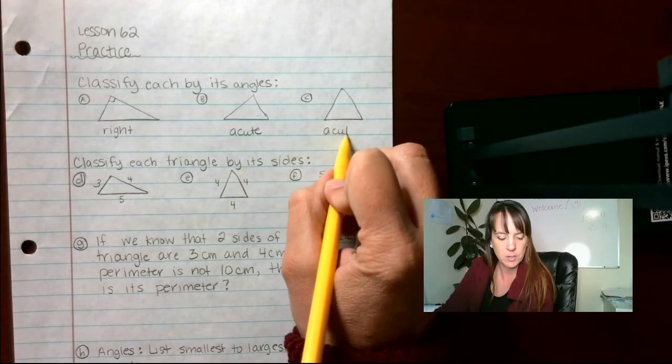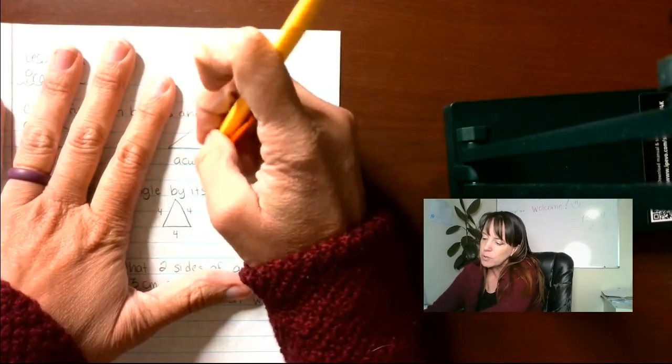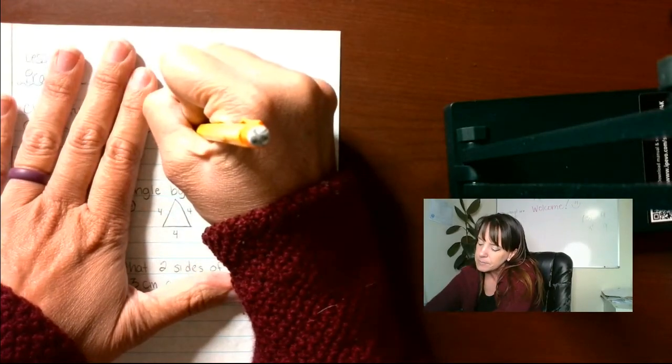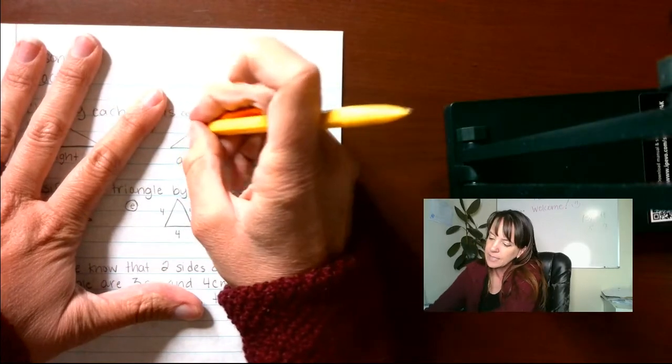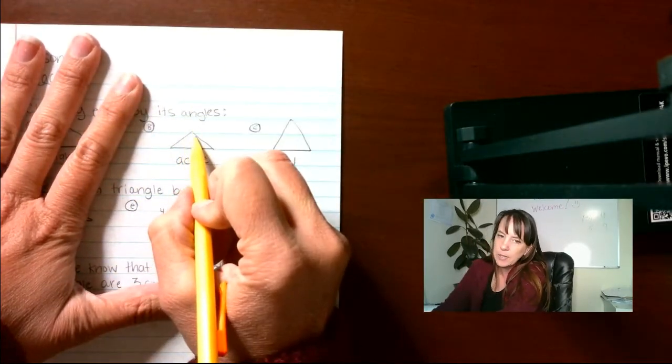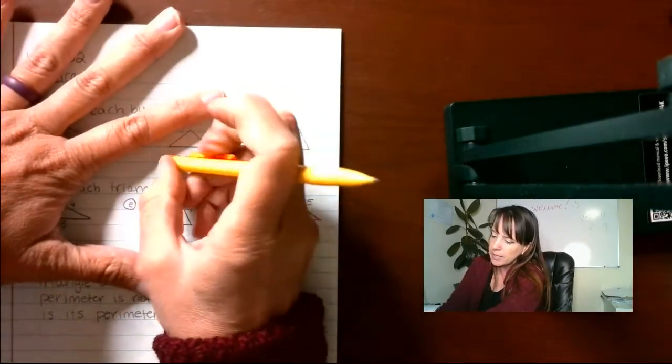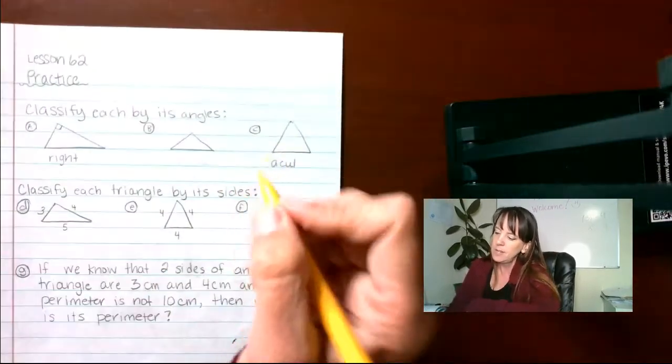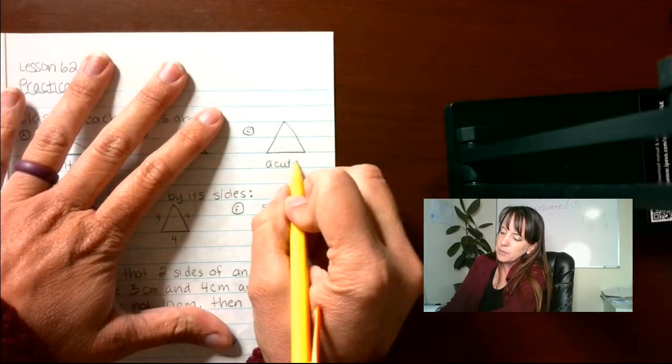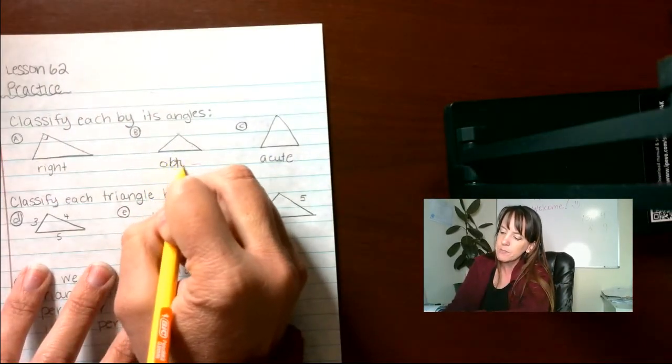Let me make sure. Oh, actually this one, I'm sorry. I did a bad job of drawing it. In the book, you can kind of see that that one would be obtuse because it had one angle a little bit larger than 90 degrees here. So let's call that an obtuse triangle. And then this one will still be acute, but this one will be obtuse.